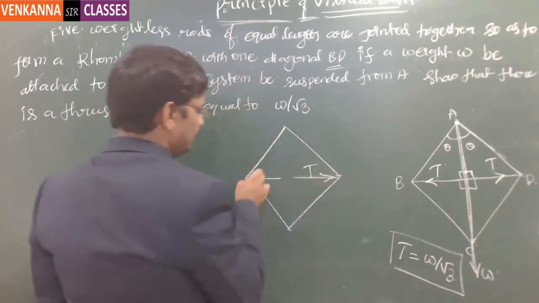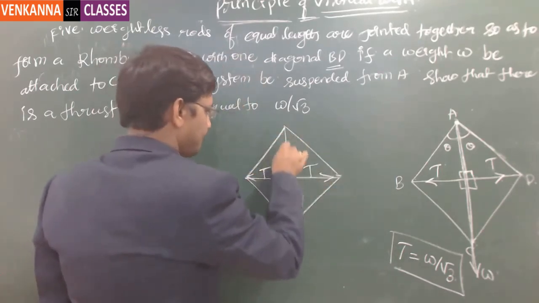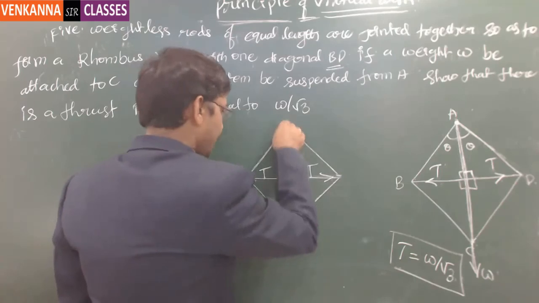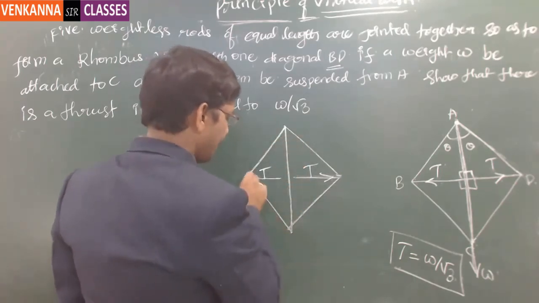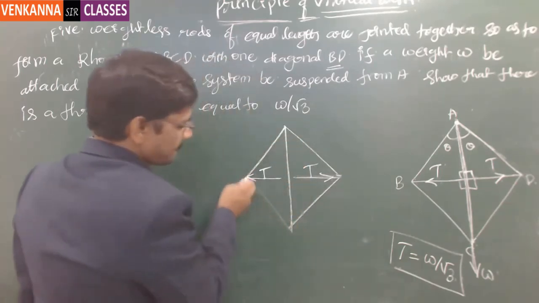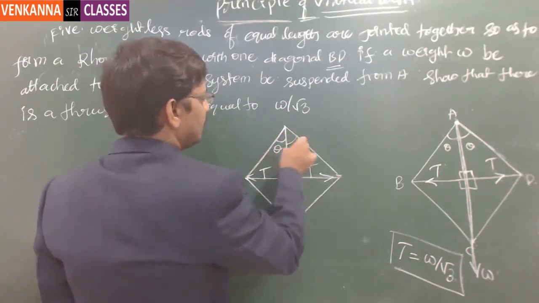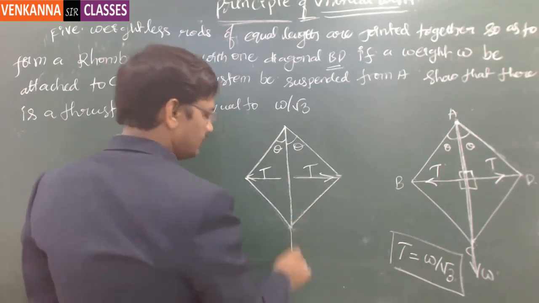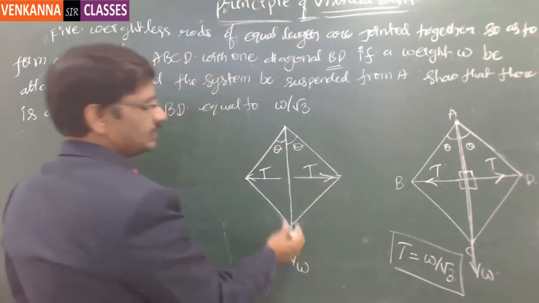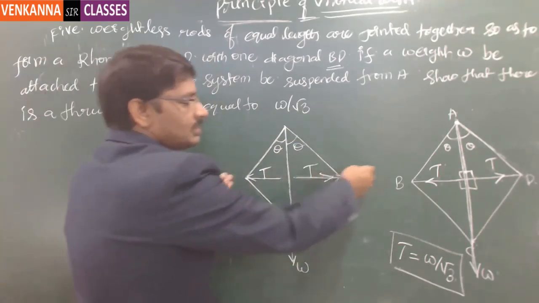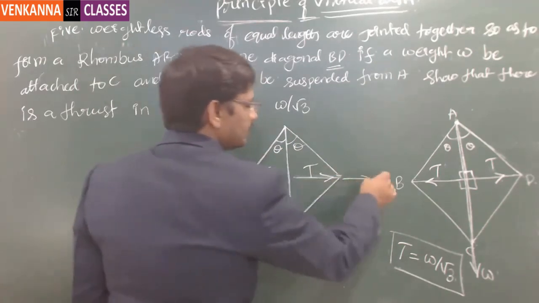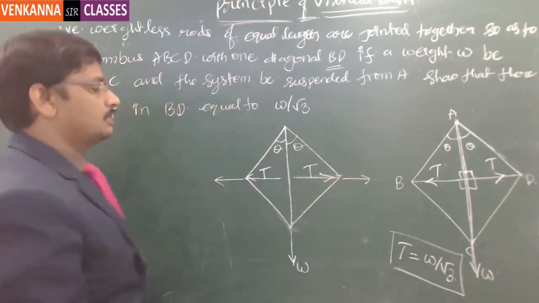So this is T and this is T and this is the vertical line. This angle is theta and this angle is theta. Now you have given some vertical thrust. So just move this like this. Automatically these two are going to be moved in this direction. So this is the movement.